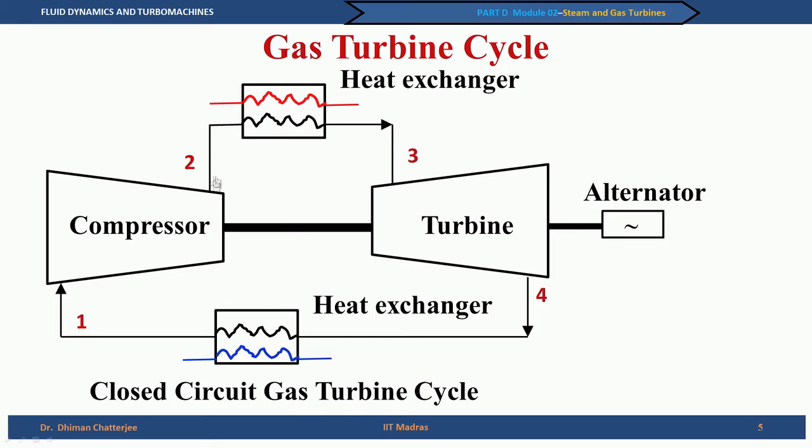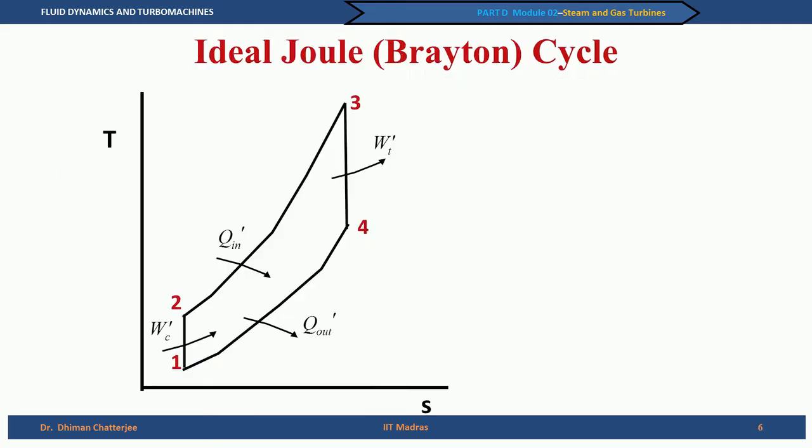The purpose is served by the transfer of heat to the gas, to the air, and then it goes to the turbine, it expands and it gives out the heat and it is fed to the compressor. So, this is what we will see in the next slide, which is the thermodynamic representation of the closed circuit gas turbine cycle, which is called the Joule or the Brayton cycle.